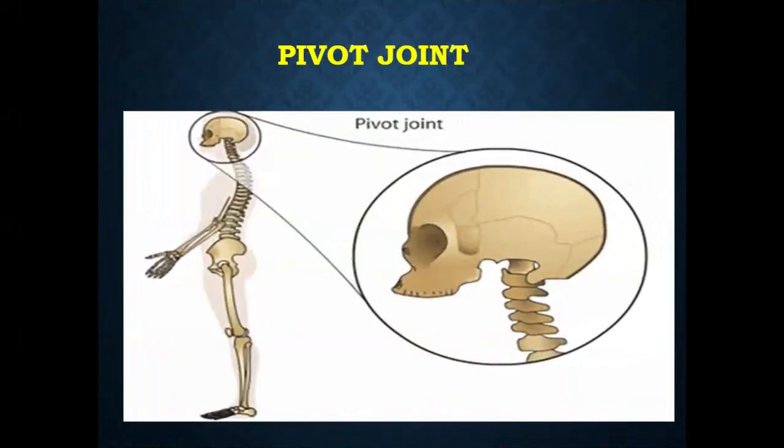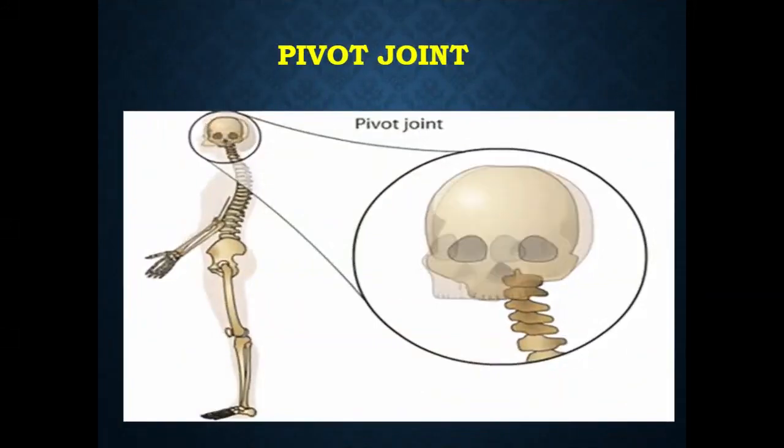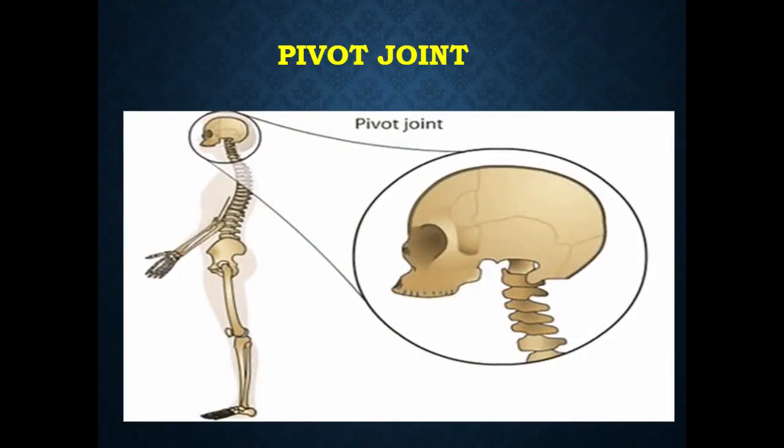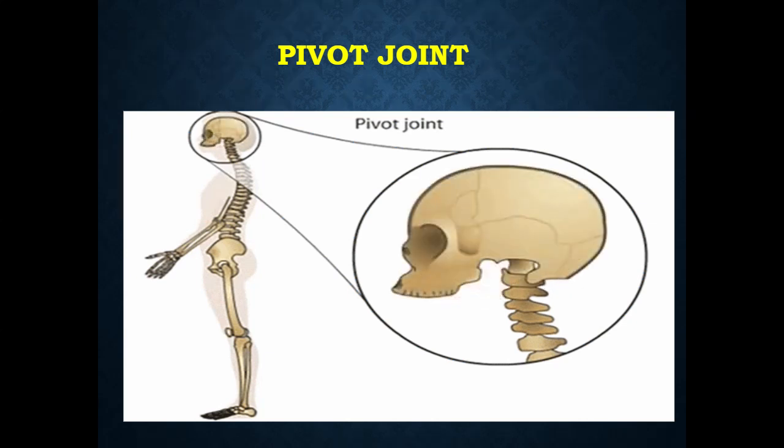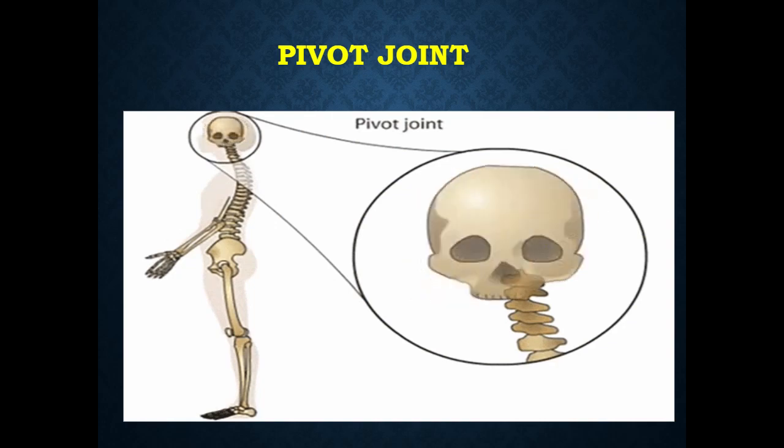As you can see in this picture, you're able to move your head sideways, and also you can move it upwards and downwards with the help of the pivot joint. So you have to remember this, that it is found in the neck region. I hope it is clear till here, children.